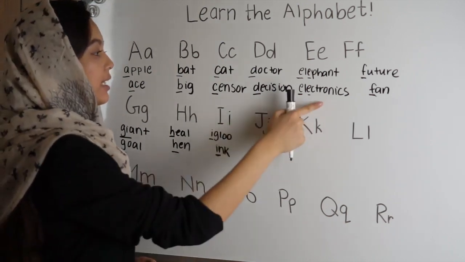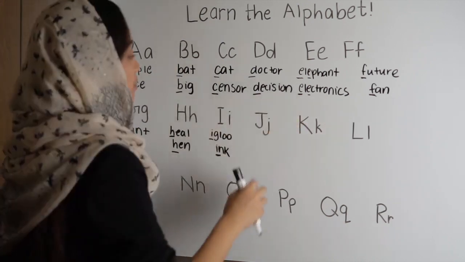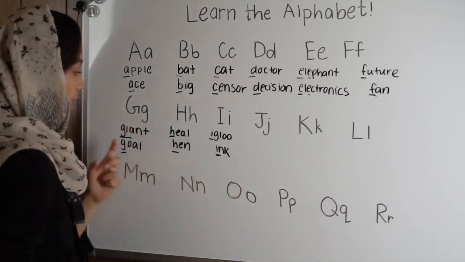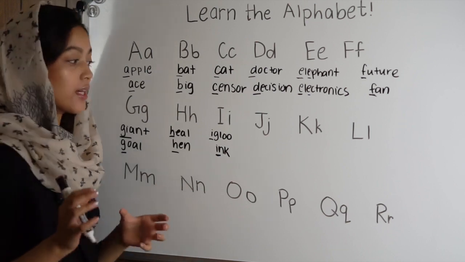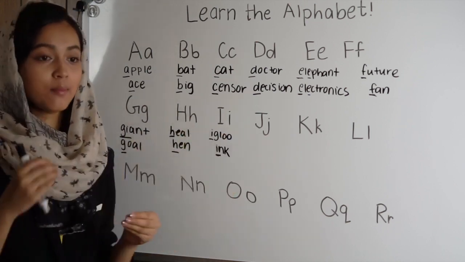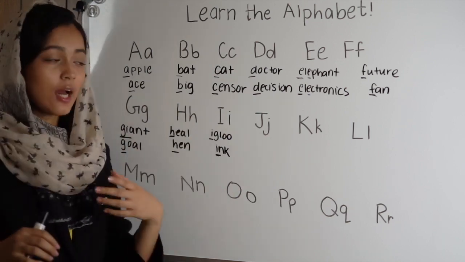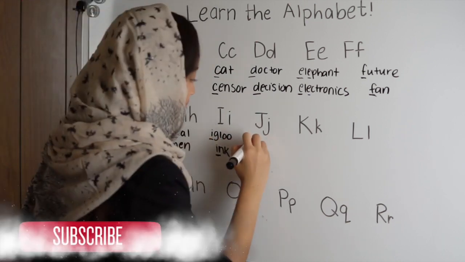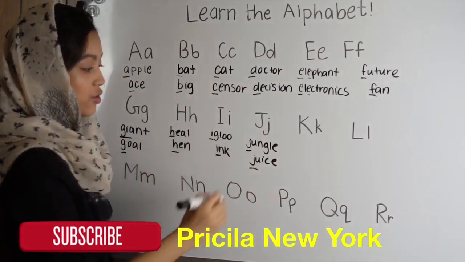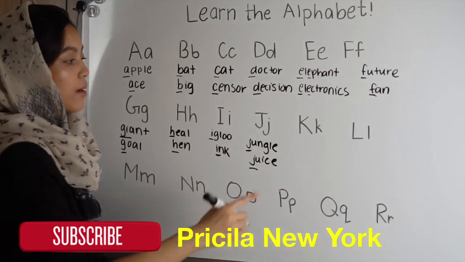So the I and the E sound a little bit similar. Moving on to J. J has a very similar sound to G, but it definitely depends on the spelling. Unlike G, the J has only one basically way to pronounce it and sound. For example, we've got jungle and juice. Moving on to K.